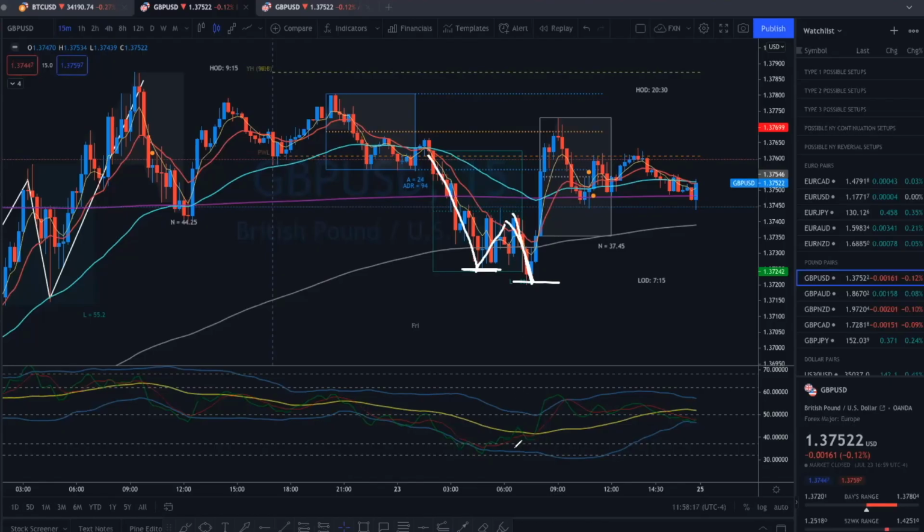Now look at the TDI, and the first leg on the TDI is right here. The second leg is up here. Do you see on the TDI how the second leg is actually higher than the first? So when you have that happen, and you have the opposite happen, that's divergence.